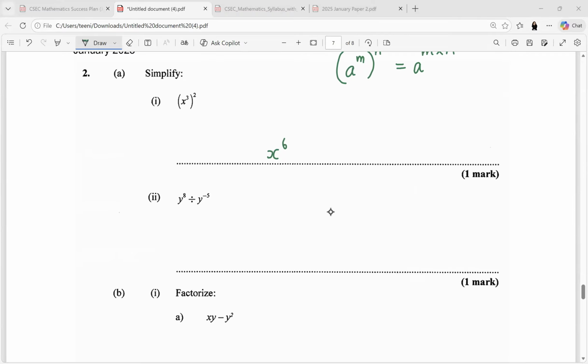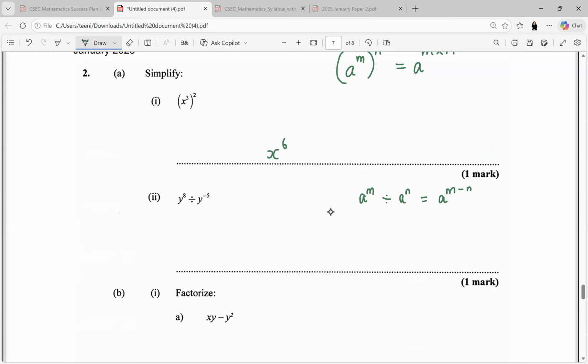Then part 2 is based on the rule where you divide. So remember, if you have a to the power of m divided by a to the power of n, it'll be a to the power of m take away n. There's a little trick here. Eliana, you want to give this a try? So if you have y to the power of 8 divided by y to the power of negative 5, the answer will be y to the power of what? How would you find it?